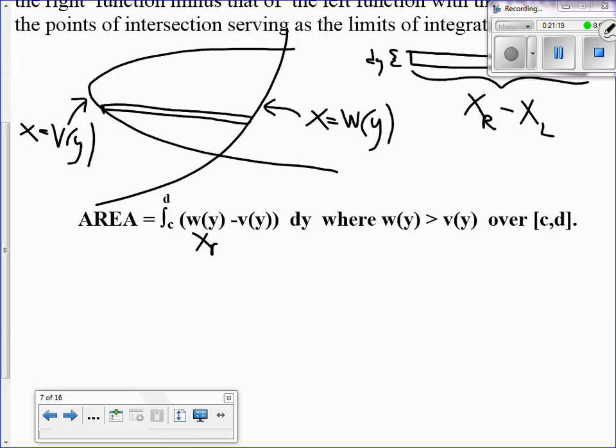Whatever x equals on this graph is your x right, and whatever x equals on the other graph is your x left. The thickness or width of each strip is dy. And for the limits of integration, you don't want to add them up from left to right, you want to add them up bottom to top. So you need to add them up from the y coordinate of the lowest point, which I'll call c, to the y coordinate of the upper point of intersection.